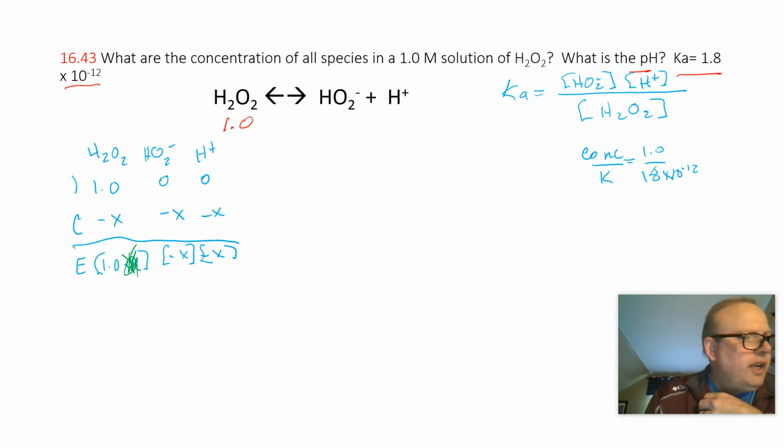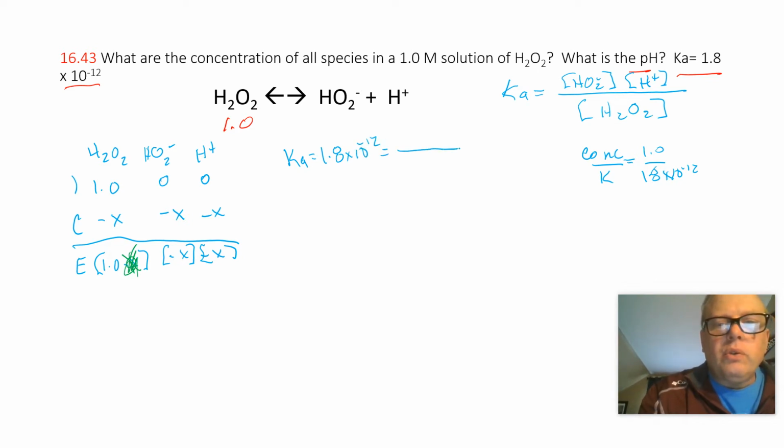Next, I solved for the X value here. So at this point, we now have Ka, which equals 1.8 times 10 to the negative 12, is equal to x times x, or x squared, over 1.0.